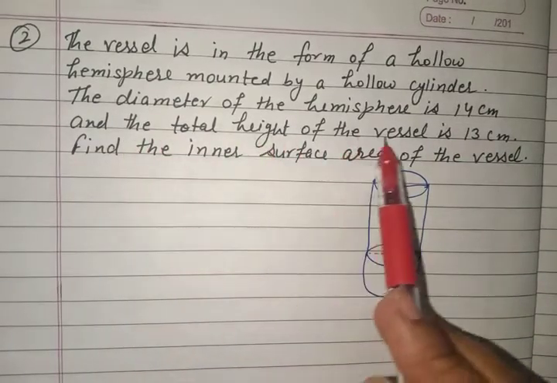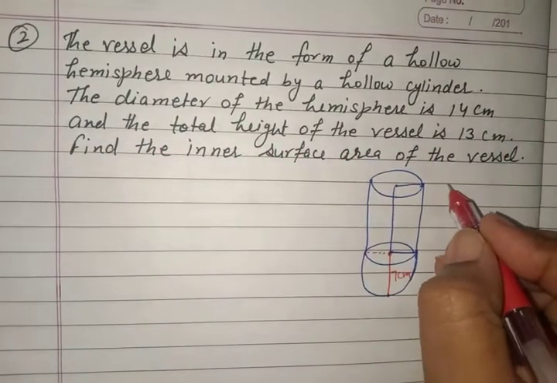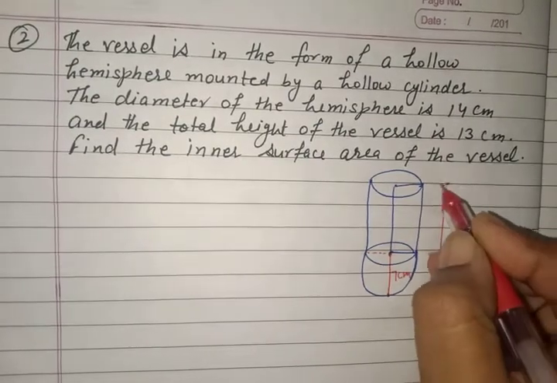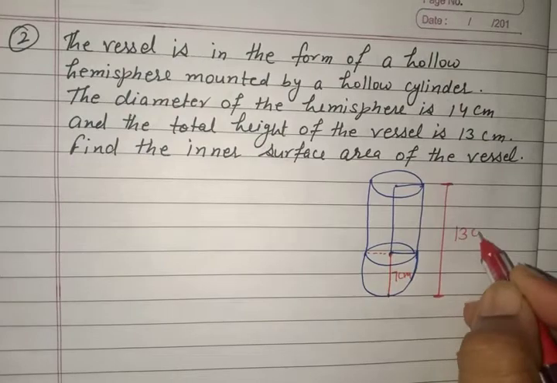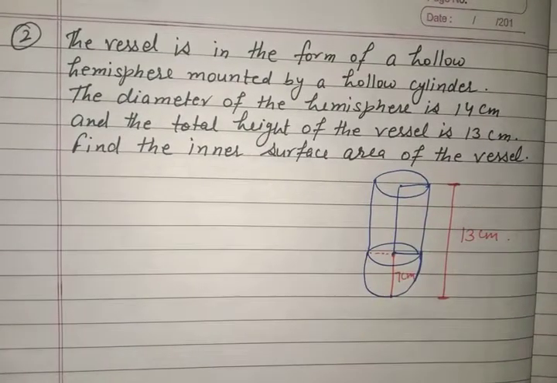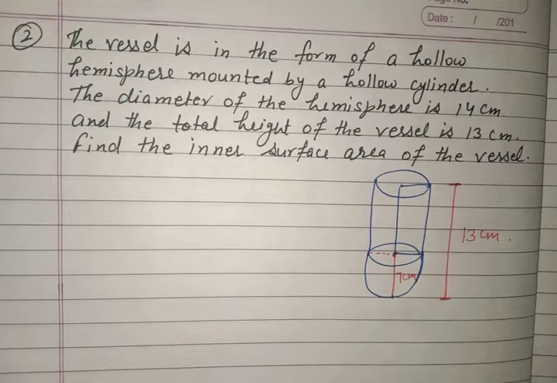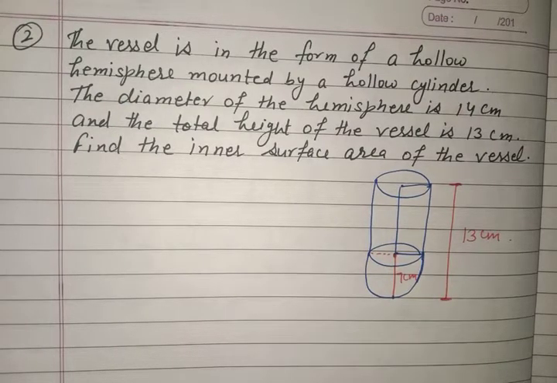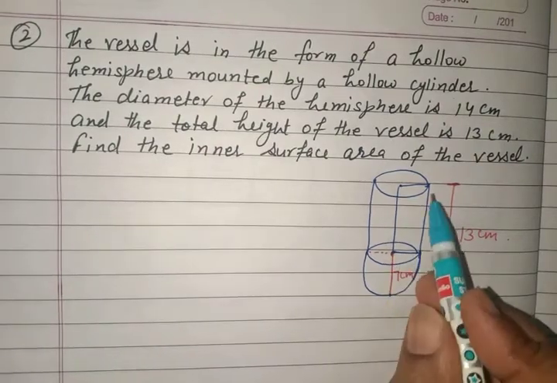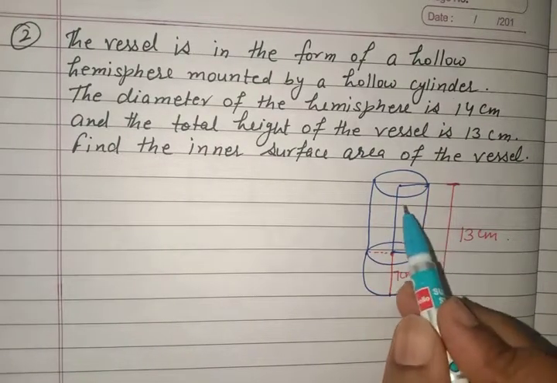And the total height of the vessel is 13. We consider the height of the vessel from this point till this point. This is 13 centimeter. Find the inner surface area of the vessel. First of all, there are two figures. In 10th you will study combination of figures.